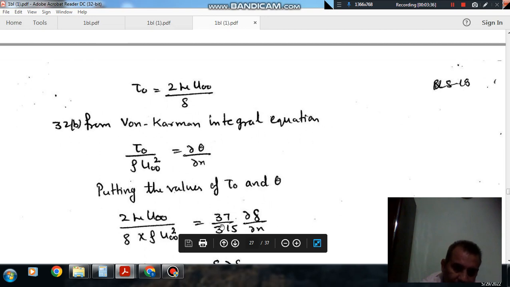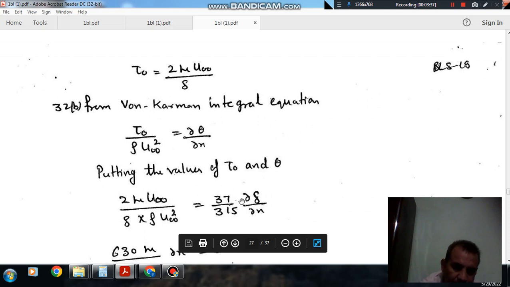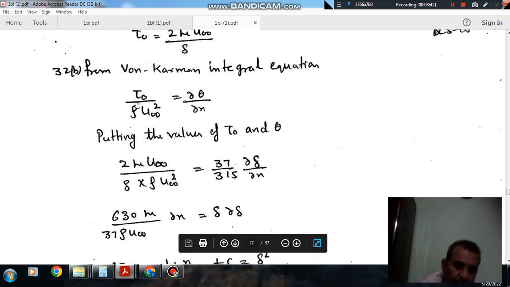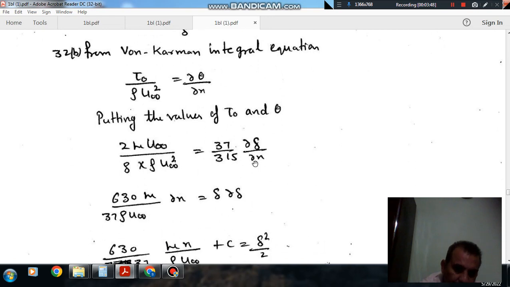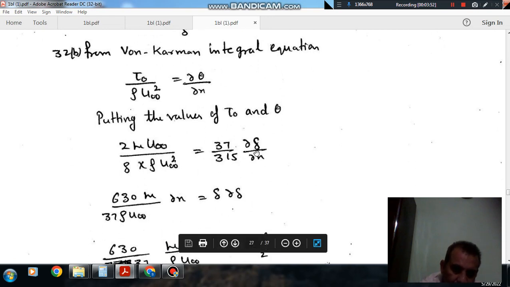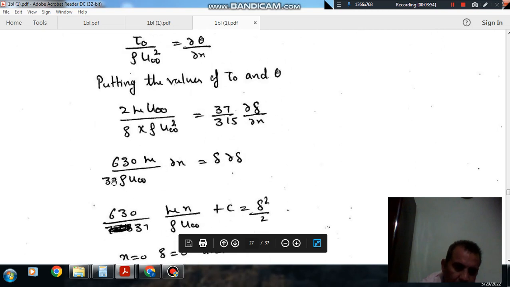So d theta by dx will be 37 by 315 d delta by dx, differentiating with respect to x, and tau naught is this quantity 2 mu u infinity by delta. Okay, so we can cross multiply delta and d delta here. So it will be 630 by 37 mu by rho u infinity x plus c, equal to delta square by 2.